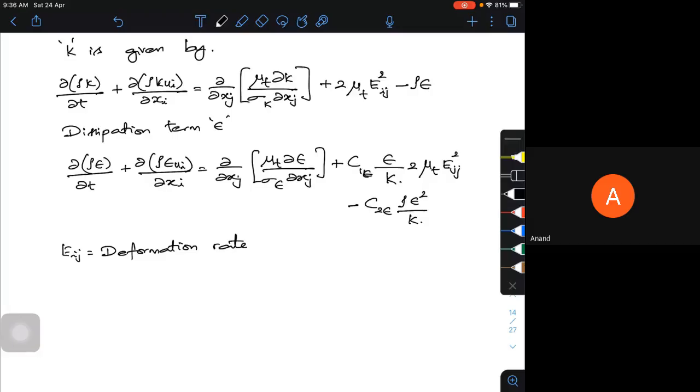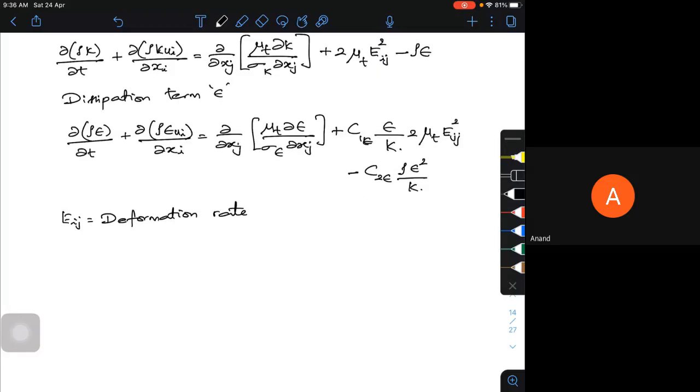What is this u_i? u_i is nothing but your velocity component in that particular direction.